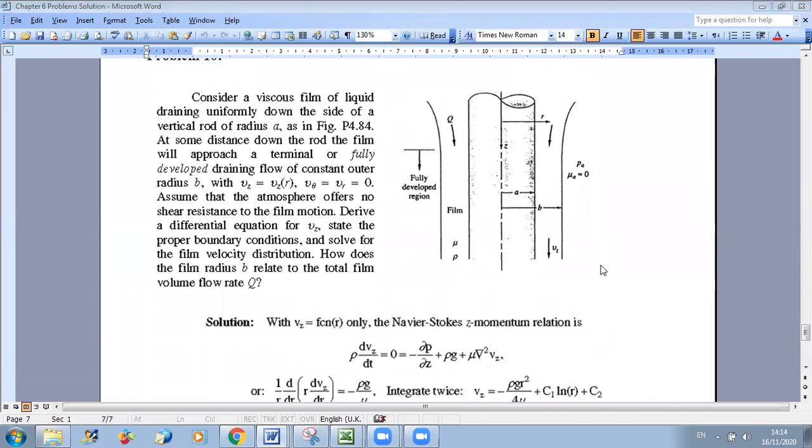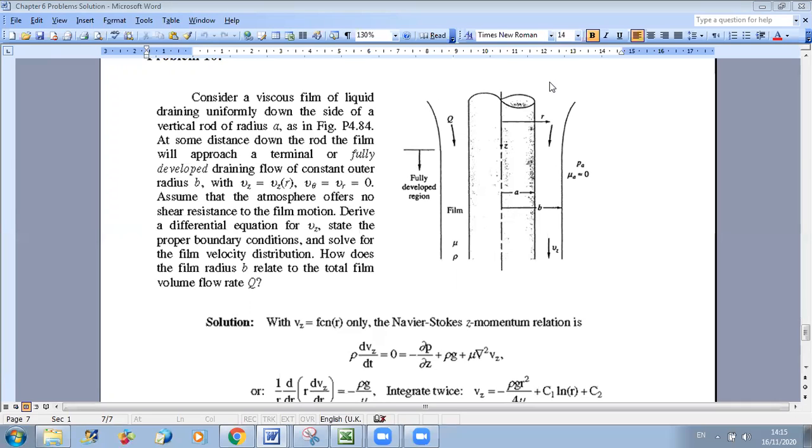At some distance down the rod, the film will approach a terminal or fully developed flow of constant outer radius b, characterized by Vz only function of r, and V theta and Vr equal to 0. Assume that the atmosphere offers no shear resistance to the film motion. Derive a differential equation for Vz and state the proper boundary conditions and solve for the film velocity distribution.